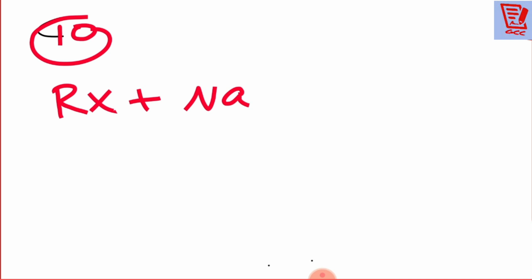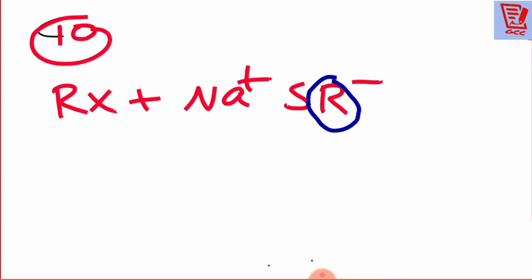Same way, after that, number 10, substitution reaction is there. One more reaction we can do with the sulfide group. With the sulfide group, you see RX plus Na positive, SR negative. Okay, beta ji, this R can be same or different. This R can be the same as this one or it can be different, that depends upon you.